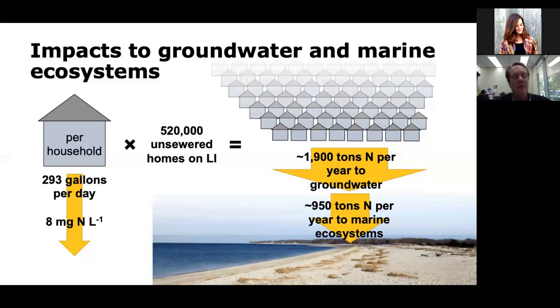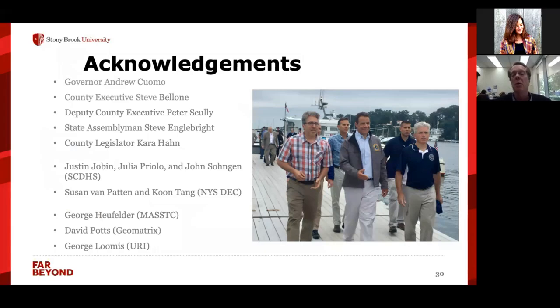So if you took, for instance, the 8 milligrams that we're getting in our systems that we proved we can get in Suffolk and at Mastic, you can get rid every year of close to 1,000 tons of nitrogen entering the marine systems, 950, based on these assumptions.